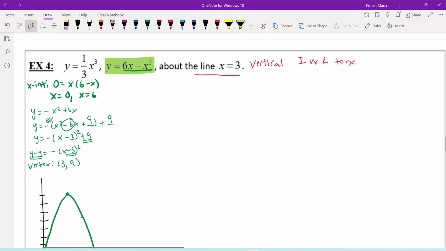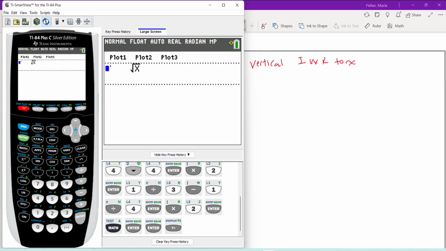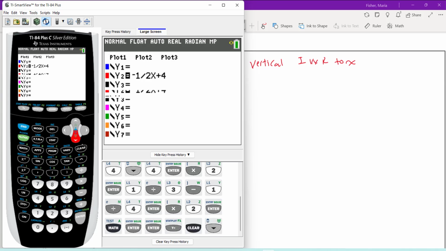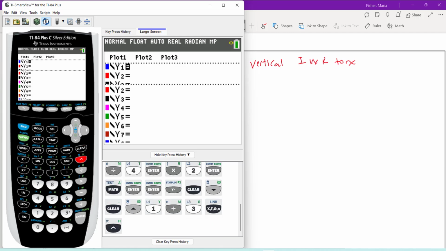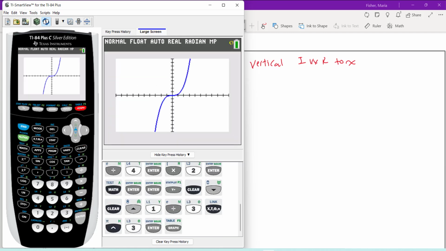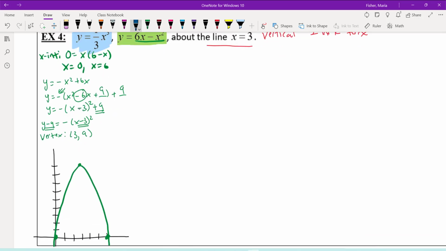The next thing I have is this guy right here, our y equals 1/3 x cubed. Well, we can always put that in a calculator if we have no idea what that looks like. So y equals 1/3 x cubed is just going to be a cubic function, and it's going to look like the stretched out capital letter N. So what we can do is just use some points to graph it. When x is equal to 0, y would also equal 0.